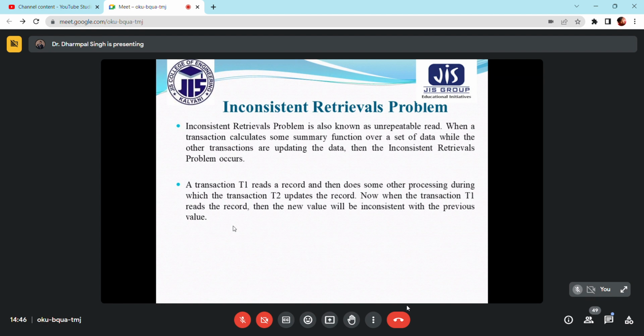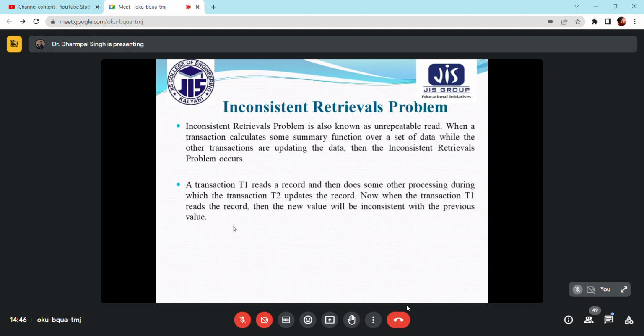Suppose I want to perform a summary function over the changes done by a transaction. At the same time, another transaction is updating the same value. So it may be possible that you do not get the updated data. These types of things are known as the inconsistent retrieval problem.